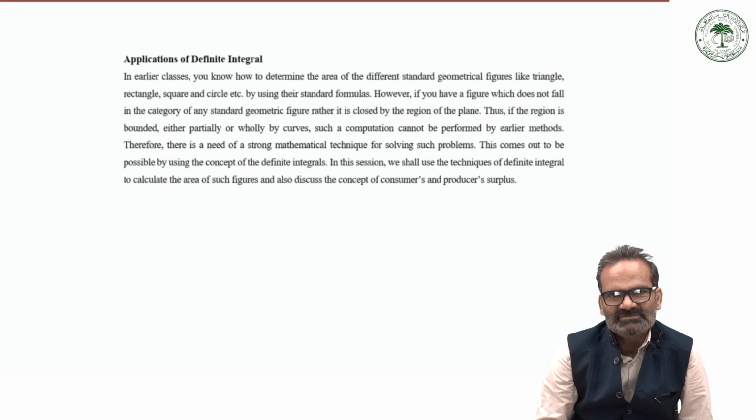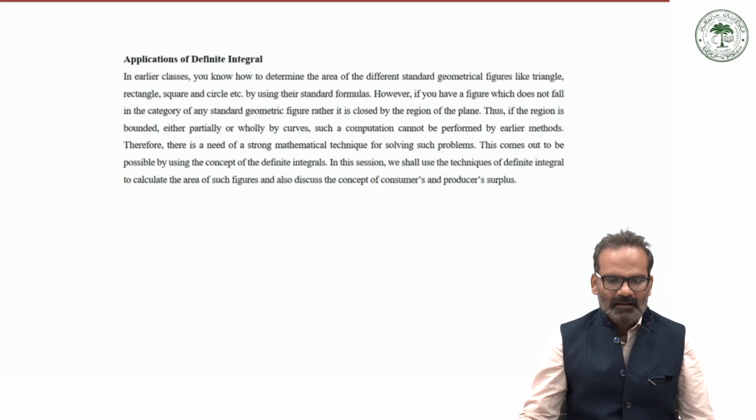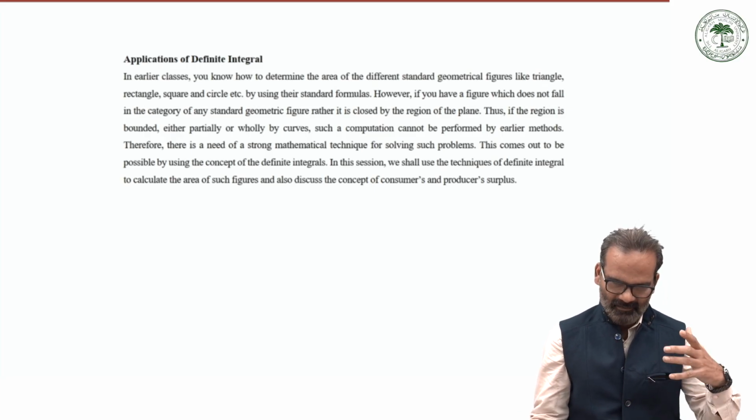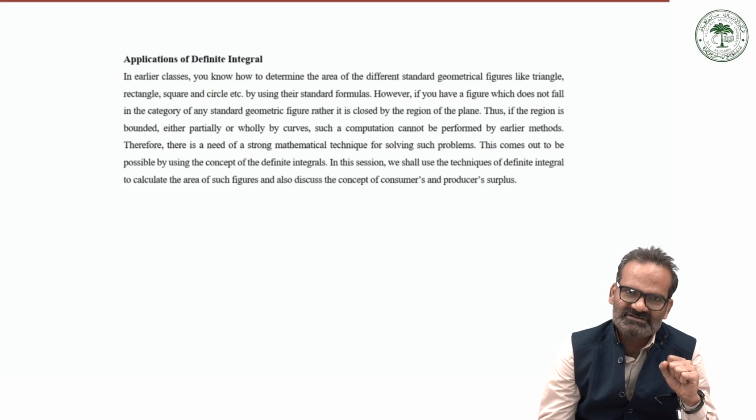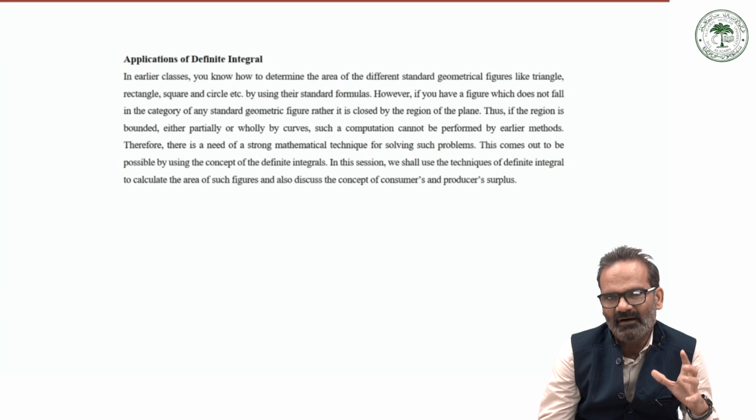Now we will use the applications of the definite integrals in various areas. Among many areas, one area in which we will use this technique of definite integral is to find the area of different figures.